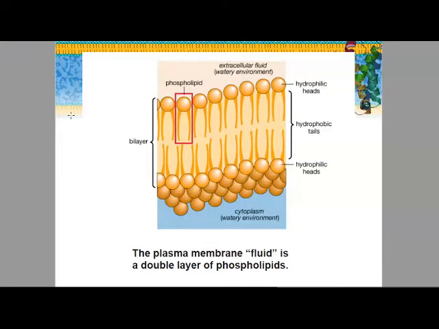On both sides of the plasma membrane, the inside environment and the outside environment of the cell, both are said to be hydrophilic. There is water.